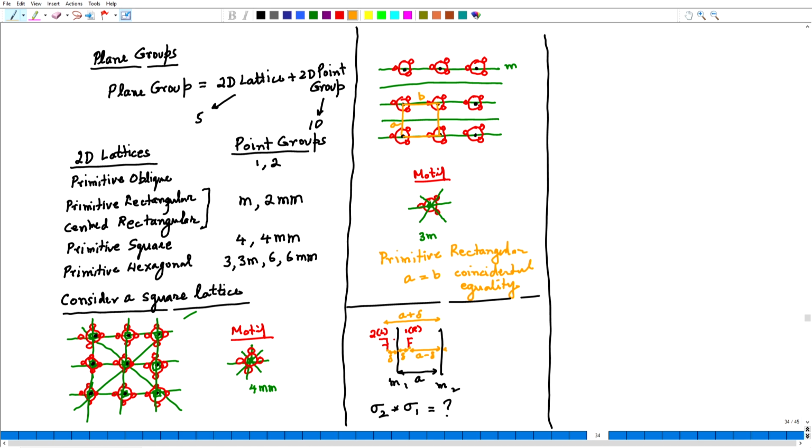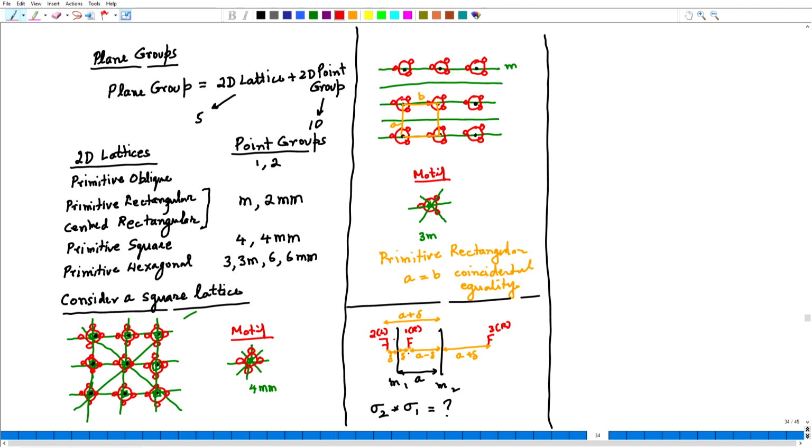So I can mark out a similar distance A plus delta, and this is where the motif should come. This is now motif number 3 and it has become right handed.